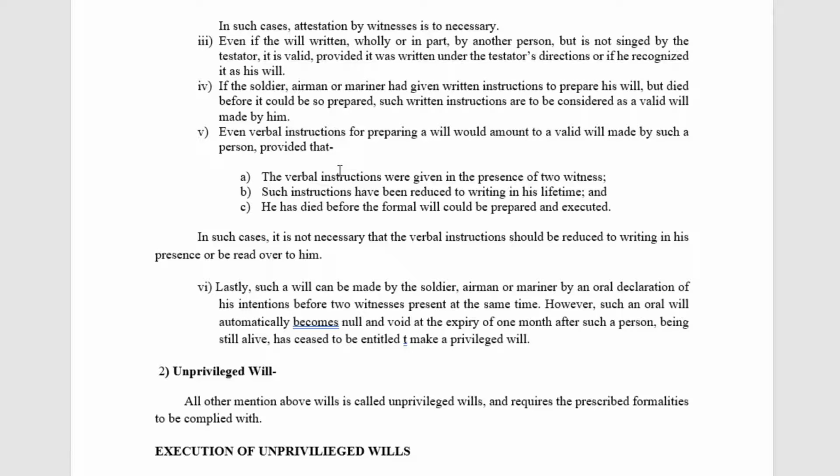Second, such instructions have been reduced in writing during his lifetime only. And last, he has died before the formal will could be prepared and executed. So before it becomes a formal will, he succumbed to death. These are the three things we can see with regard to the verbal instructions.